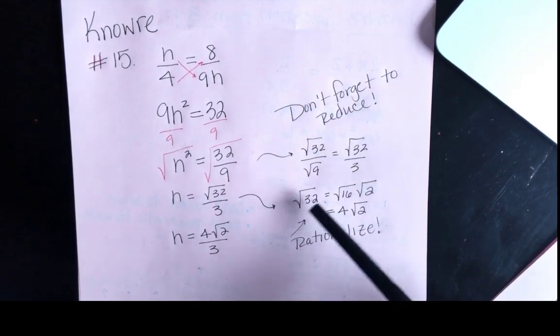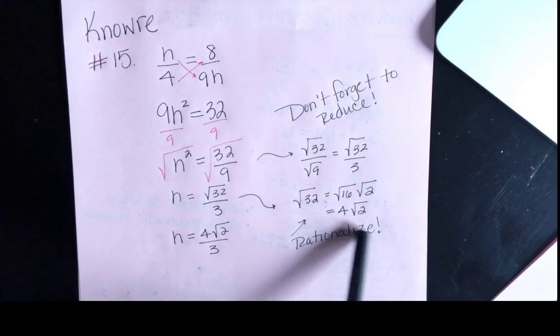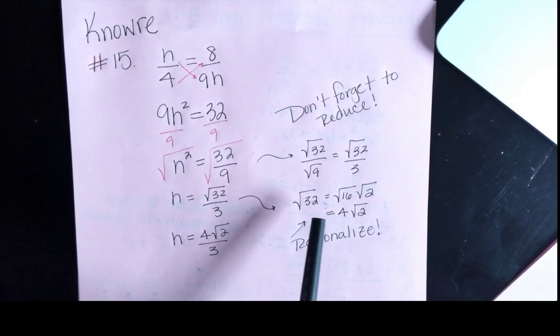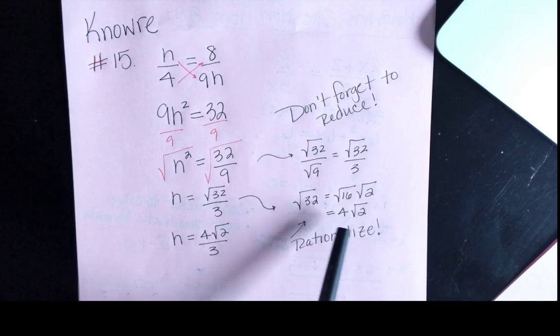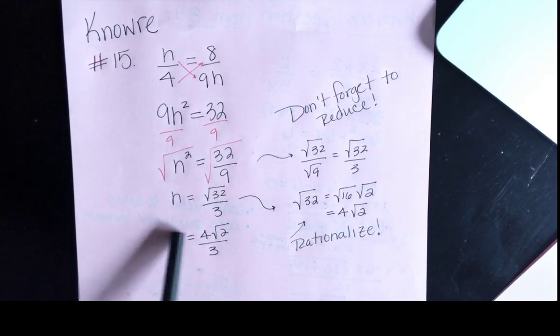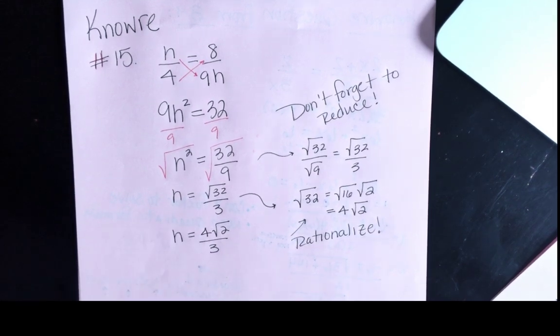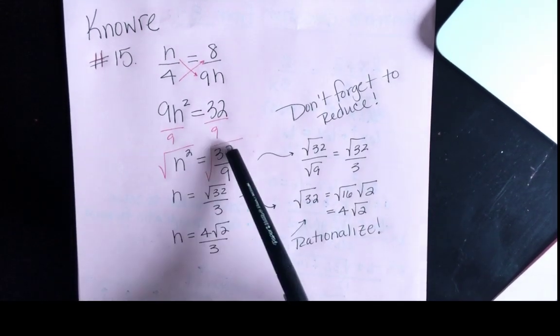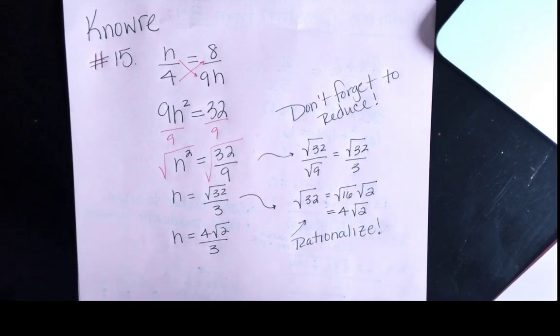But when we do the square root of 32, we have to simplify that the way we learned at the beginning of the year with rationalizing. So 32 is 16 times 2, which gives us 4 radical 2. So putting that back in, this may be the answer. If this isn't the answer, you know that you can also give it as a decimal. So that was something that was asked.